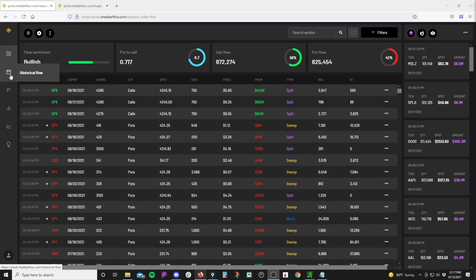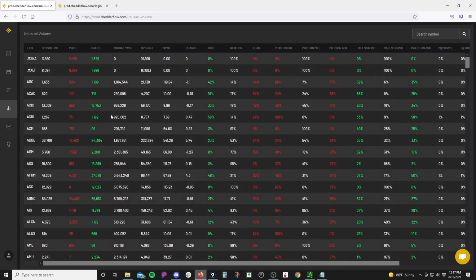Today I'm going to do an educational video on the unusual volume tab. We're going to be discussing three main things. One, how I arrange my columns and why. Number two is the advanced way of using the unusual volume tab and functionality in Cheddarflow, with three current examples from this data set.